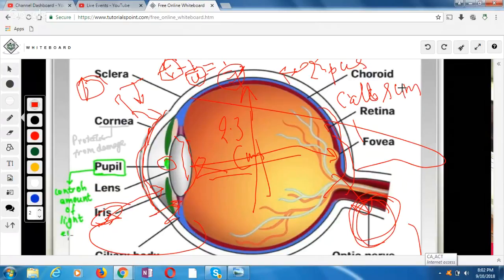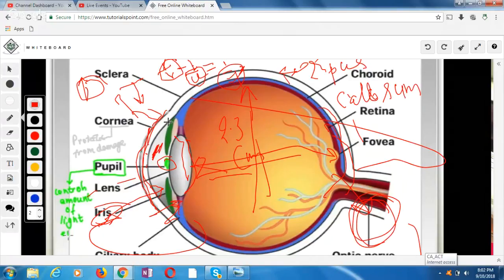And due to that particular mechanism, the whole world that we see looks as it is. Now there are a few other things that we need to understand. People ask many questions, such as what is the role of aqueous humor? First of all, where is aqueous humor? There is a liquid over here, and this is called aqueous humor. People ask why the eye is bulged in the front.